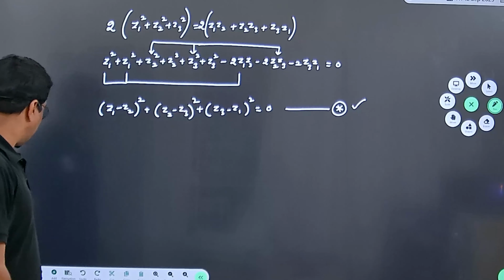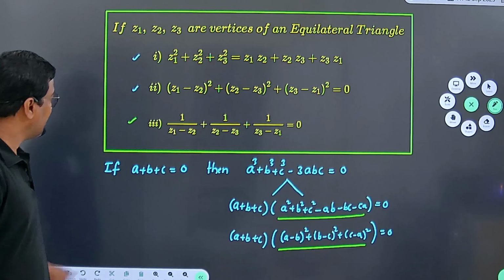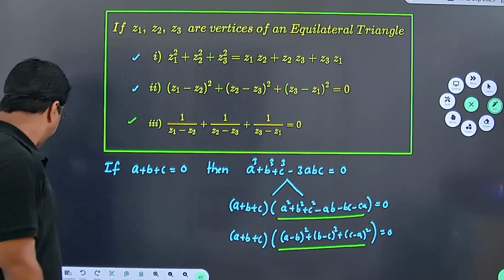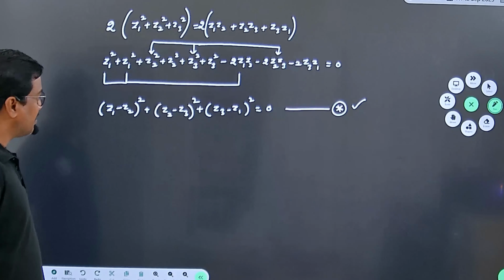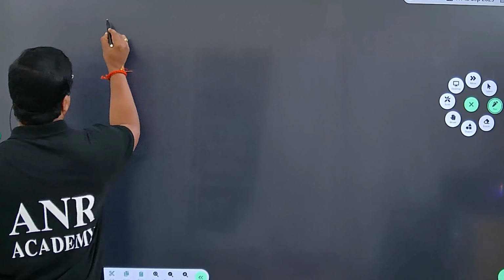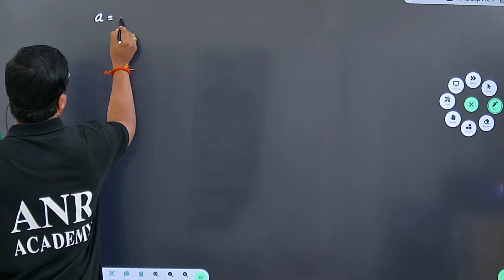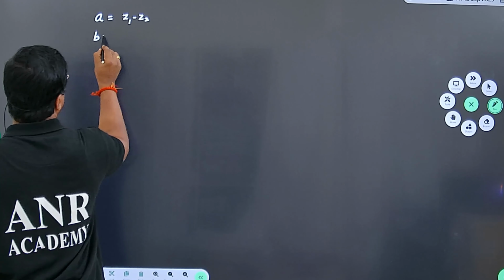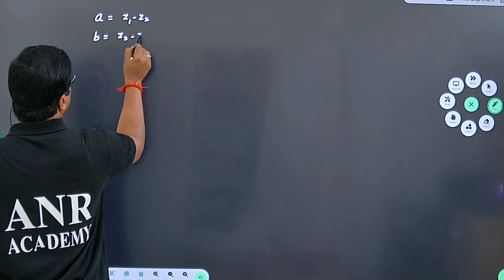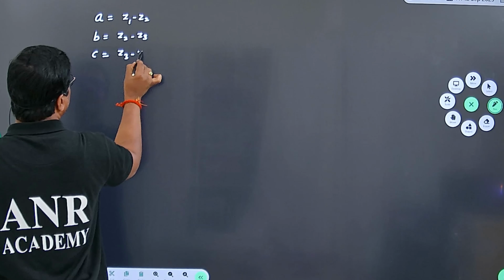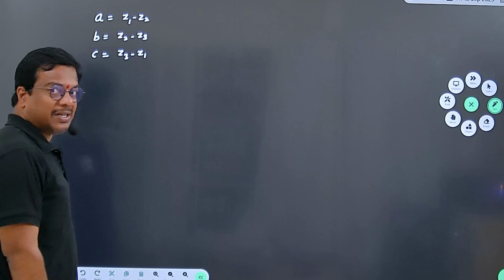Next, to prove the sum of reciprocals of z1 minus z2, z2 minus z3, z3 minus z1 is 0, let us suppose small a is z1 minus z2, small b is z2 minus z3, small c is z3 minus z1.